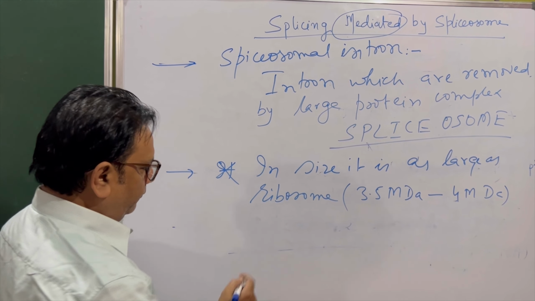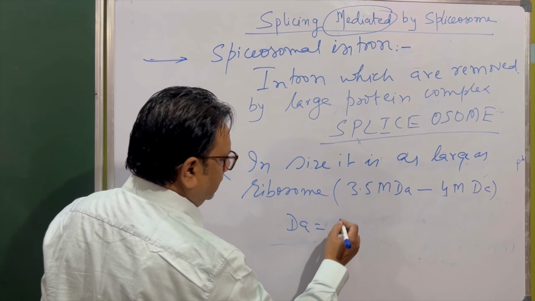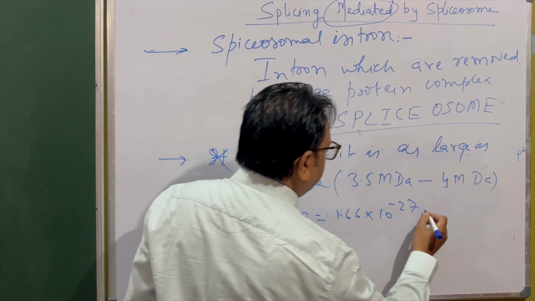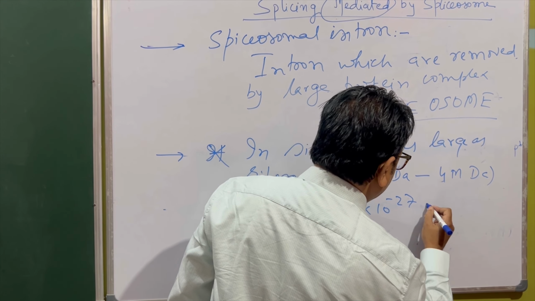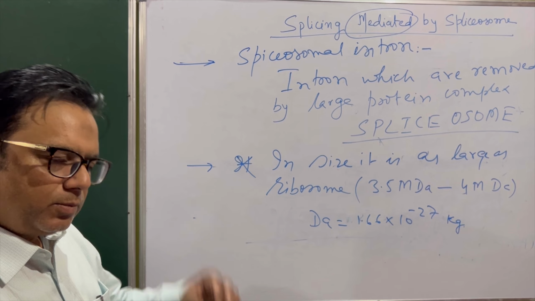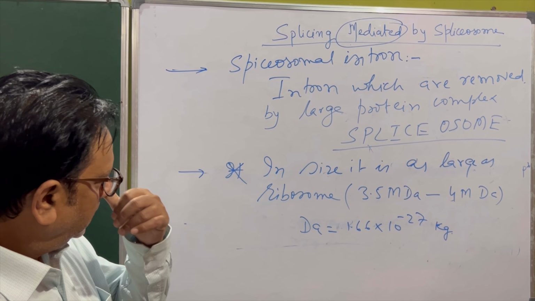When you talk about Dalton, obviously you are talking about 1.66 times 10 to the power minus 27 kg.